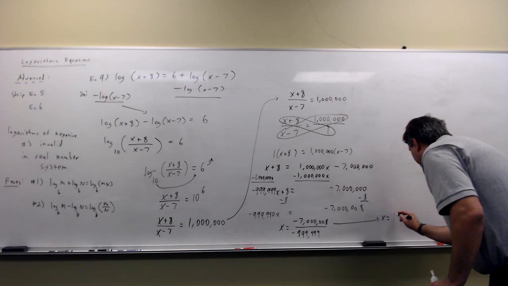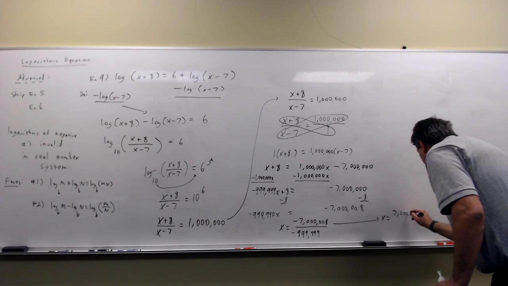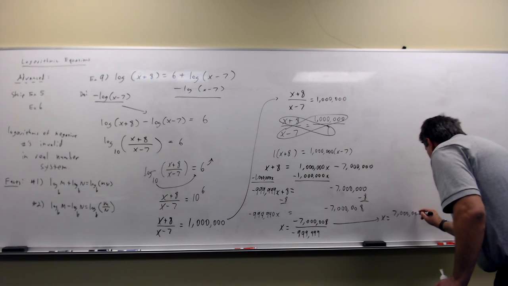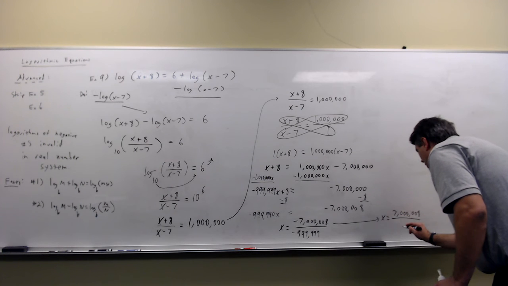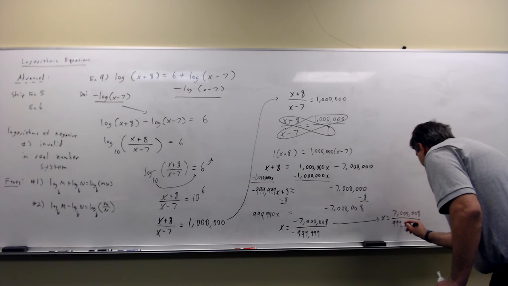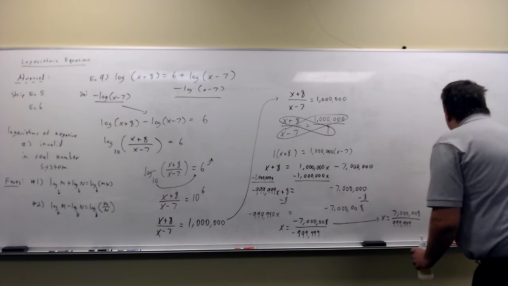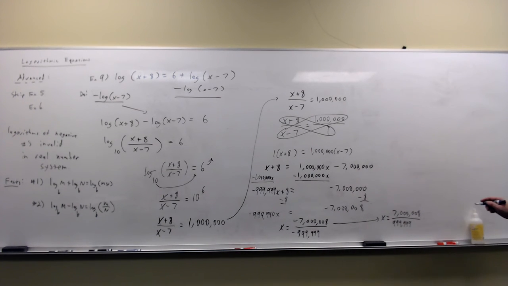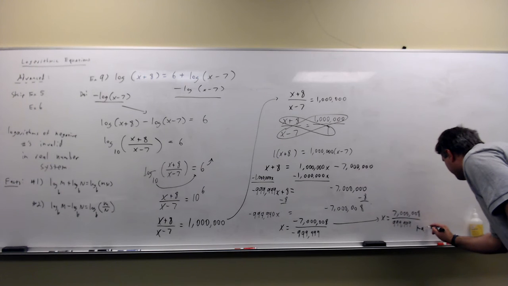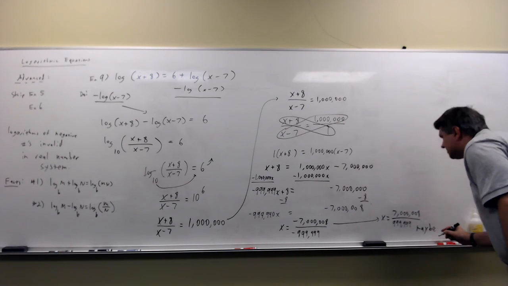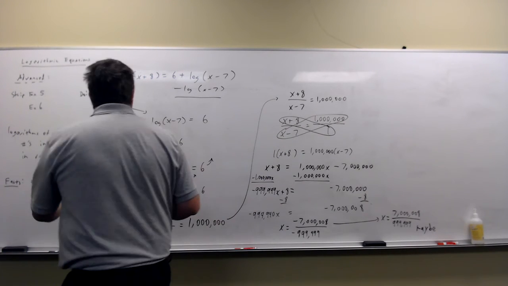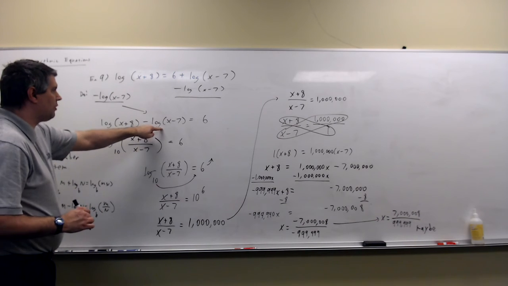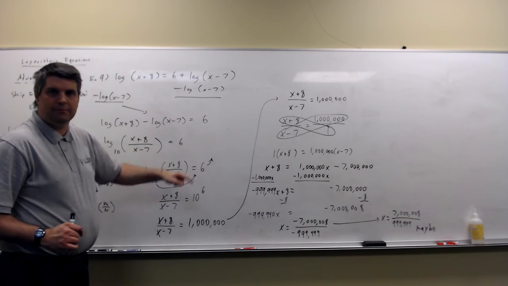x equals positive 7,000,008 over 999,999. The bad news, folks, is that you actually have to check. Maybe. Because again, folks, we had logarithm, logarithm, number.